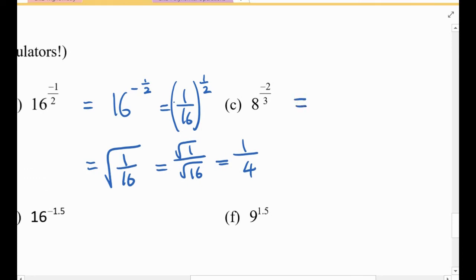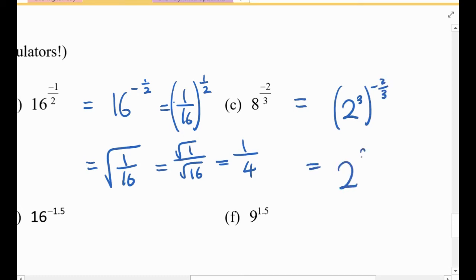Okay, next, this time, we're going to change this one first. So 8 is 2 to the power of 3, to the power of -2/3.